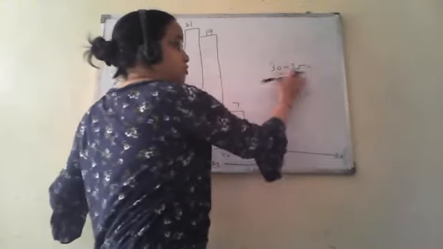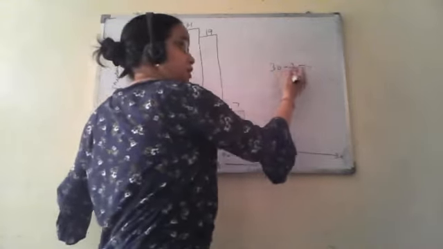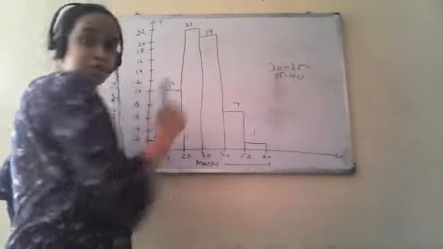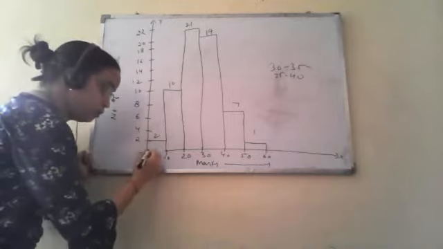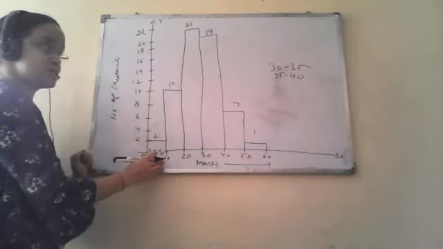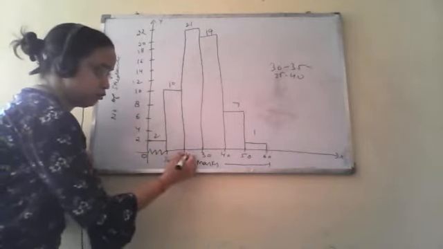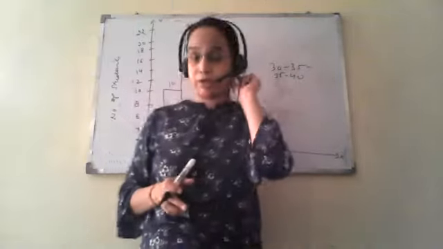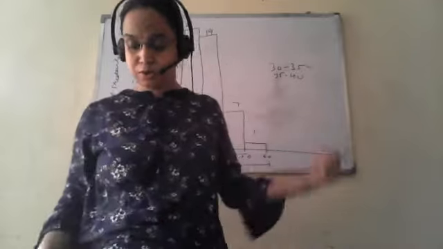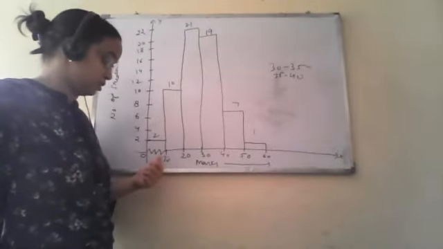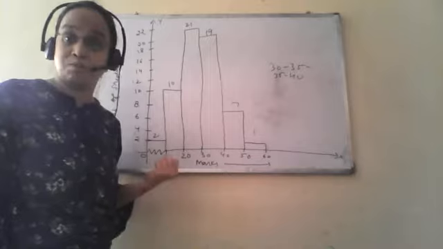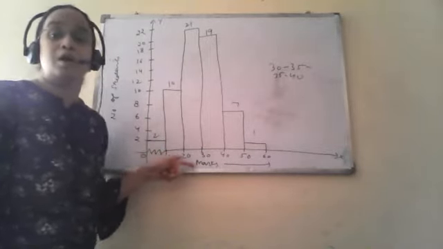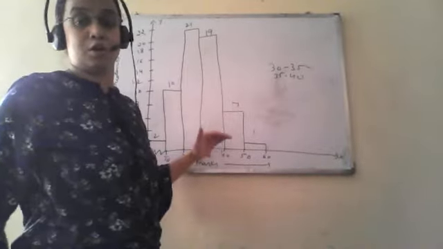If the interval is 30 to 35, then 35 to 40, the value is not starting from 0, so we have to put a jagged line, and we can start from 30, 35, 40 like this. I explained this in chapter 15, introduction to graphs. This jagged line represents that our range is not starting from 0, we have got some value after that. After that there will be continuous class intervals.